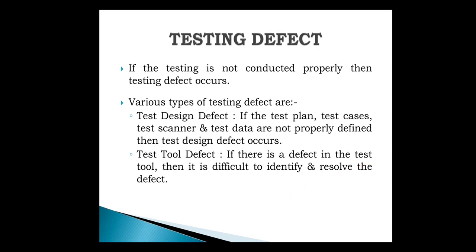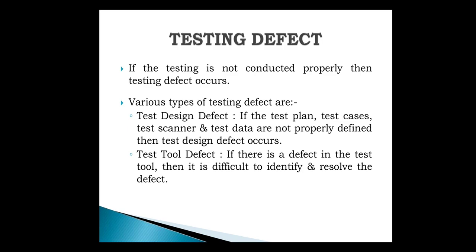If the testing is not conducted properly, then a testing defect occurs. If we do not properly follow the testing process, then testing defects are going to occur. There are various types of testing defects. First are test design defects. If the test plan, test case, test scenario and test data are not properly defined, then test design defects occur.